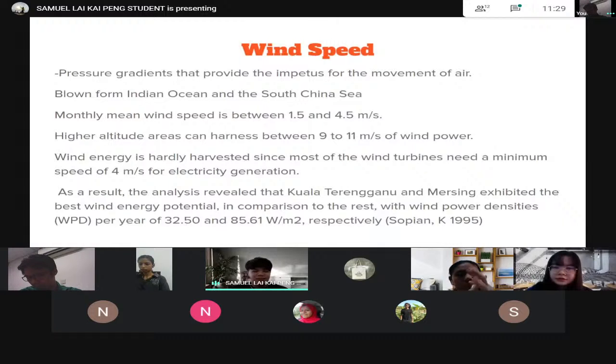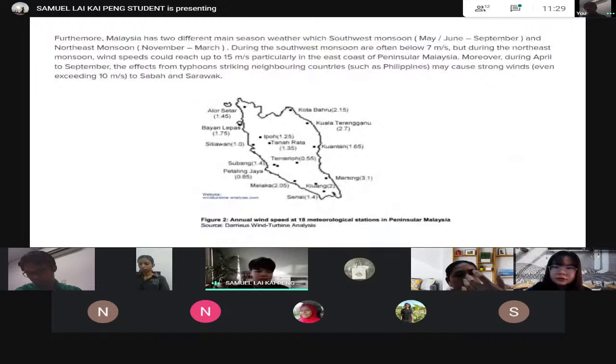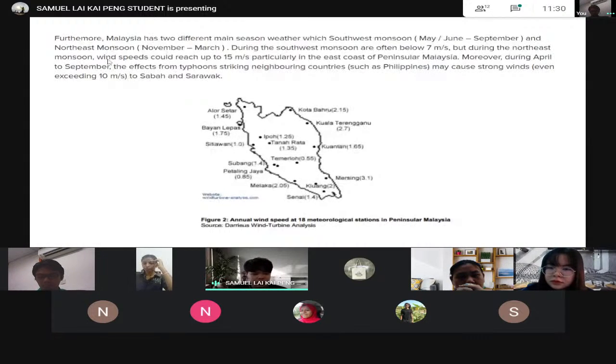Okay. Furthermore, Malaysia has two main weather seasons: the southwest monsoon from May to June and the northeast monsoon from November to March. During the southwest monsoon, winds are often below 7 meters per second, but during the northeast monsoon, wind speed could reach up to 15 meters per second, particularly on the east coast of Peninsular Malaysia.